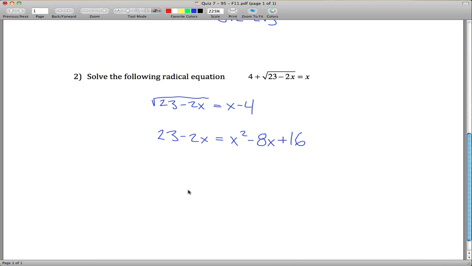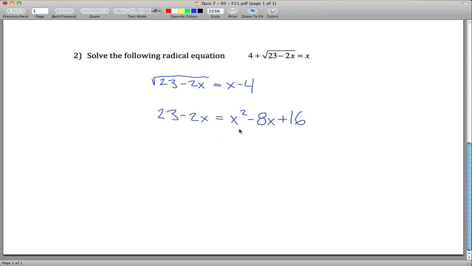End up with this. And now we just have an equation we can solve. Let's see, add 2x to both sides, subtract 23 from both sides, and you get maybe 0 equals x squared minus 6x. Positive 16 minus 23 is negative 7. We want to solve this thing for x.